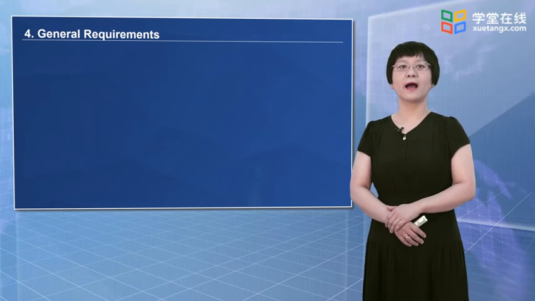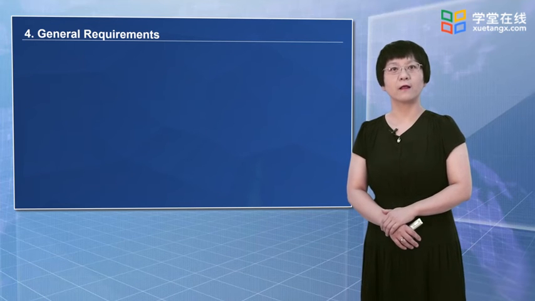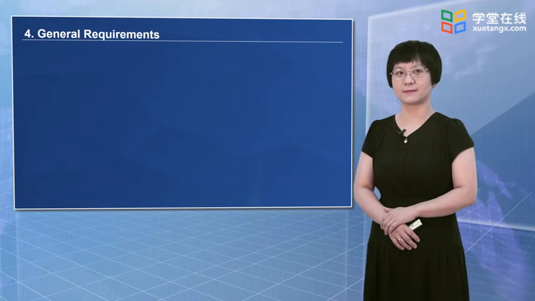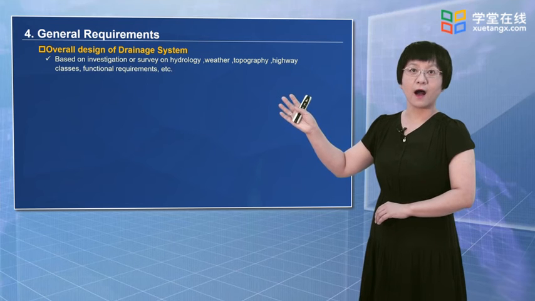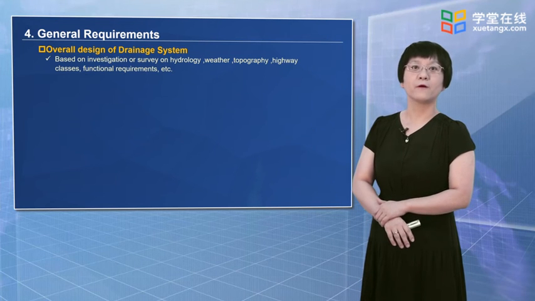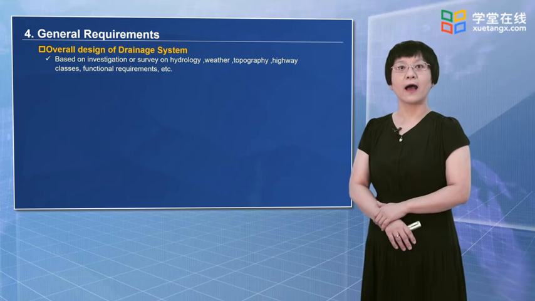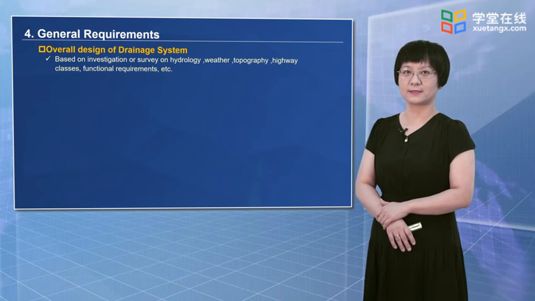According to the National Highway Drainage Design Specification, the following factors should be considered in the design of highway drainage facilities. First of all, investigation or survey should be performed on hydrology, weather, topography, highway classes, and functional requirements in the overall design of the highway drainage system.